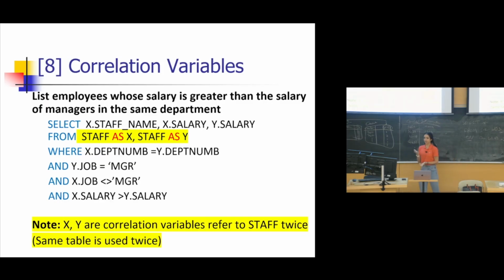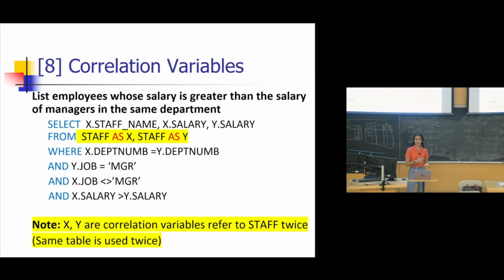Here you want to find employees whose salary is greater than the salary of the managers, but we know that managers are employees themselves, right? Managers and employees are both employees. But we want to compare the salaries of these two types of employees. So how can we do it?